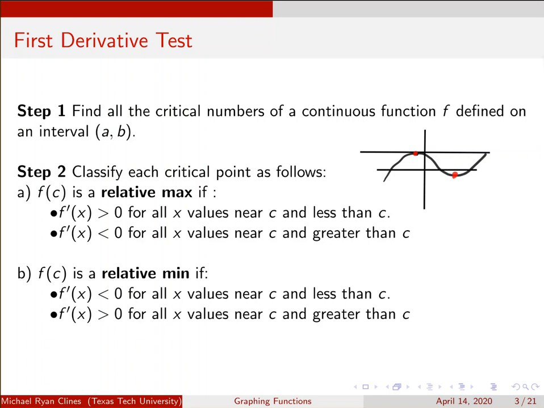So the first derivative test is telling us that if we take this point that has a horizontal tangent line, so we have a horizontal tangent line here, i.e., this is a critical point, and if the derivative is negative for all the values right here, so the function is coming down to that point, it is decreasing down to our critical point. It bottoms out when we get to our critical point, and then after that, it starts increasing again. That means we have a relative minimum.